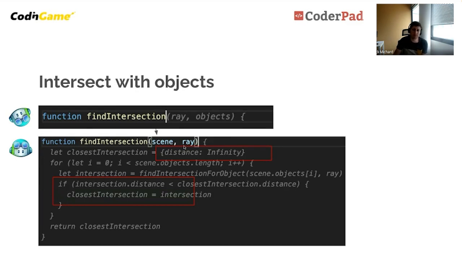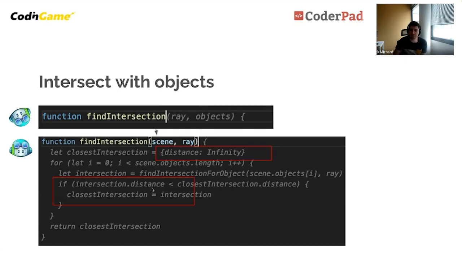So I just typed the parameters I wanted and it changed and proposed me the good thing. So what it's doing here is iterating through all the objects of the scene. For each object, find the intersection for this object. And if the intersection is closer than the previous one we found, it becomes the closest one, and it returns the closest one. So this is actually pretty good.